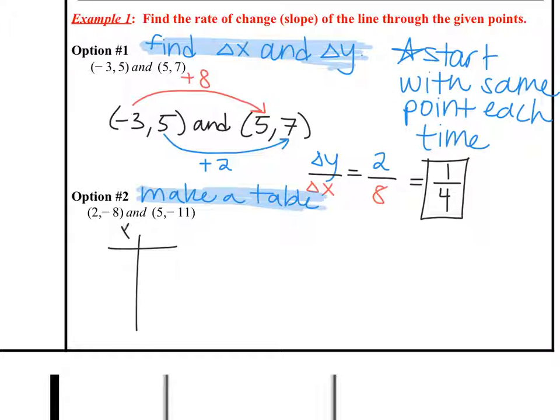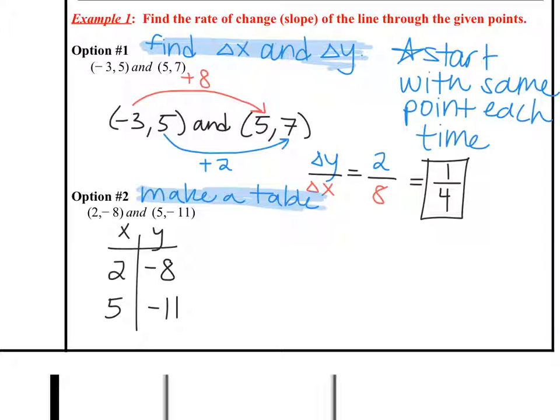So if you want to make a little table, this will be the tiniest table you've ever seen. 2 is x, y is -8. And then again, 5 is x, -11 is y. So x, y, your table.